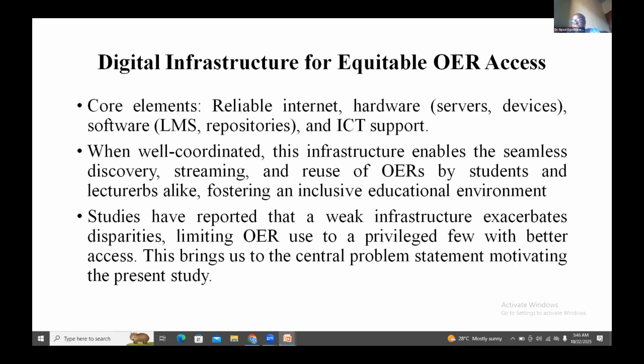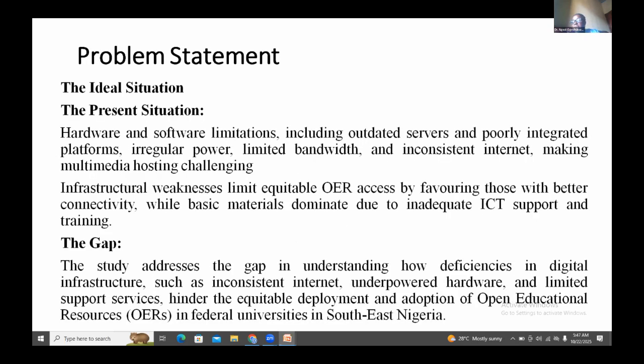Studies have reported that weak infrastructure exacerbates disparities, limiting OER use to a privileged few with access. This brings us to the central problem statement motivating the present study. The ideal situation is to have this infrastructure, which encompasses internet connectivity, hardware, software, and ICT personnel, in place in the various universities to enable equitable access to open educational resources globally without barrier.